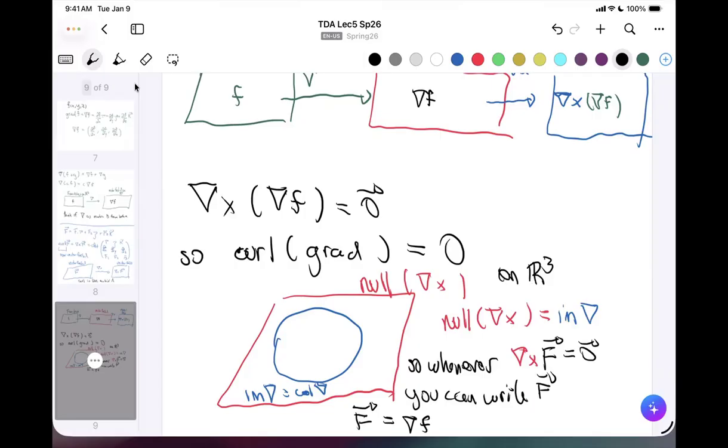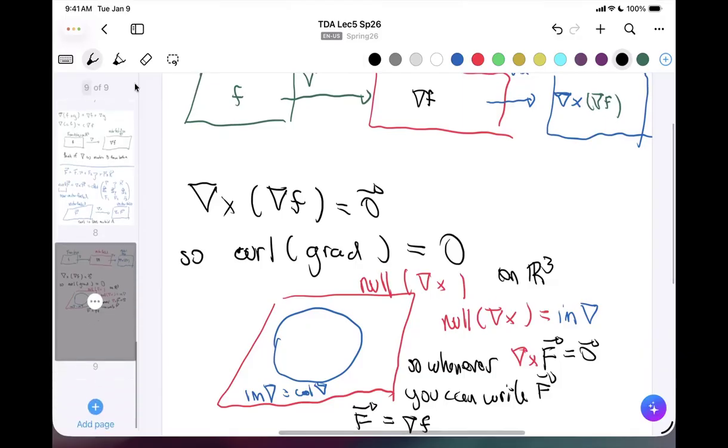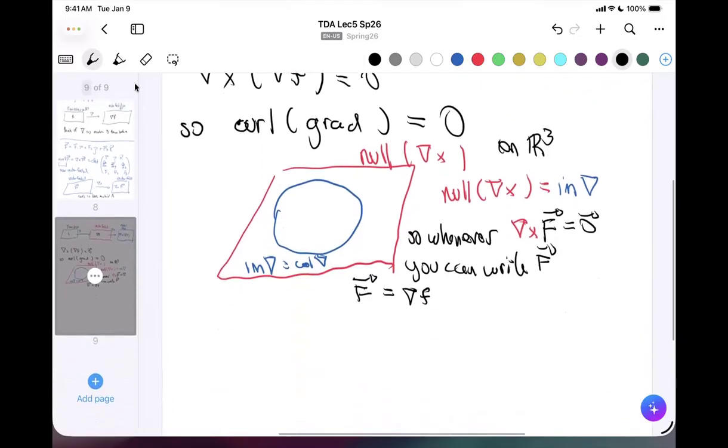So vector fields with zero curl have a potential. Usually in physics, you call minus f the potential, they use an opposite sign, but that's why you would call a vector whose curl was zero conservative.